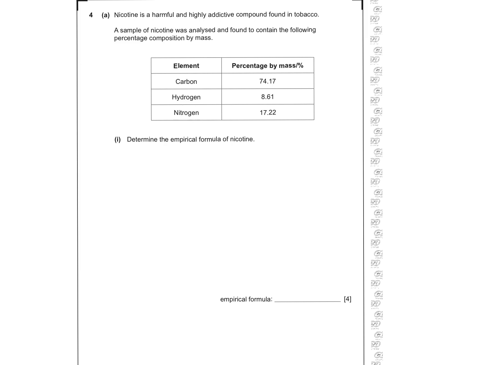Okay, question 4. And we have to determine the empirical formula of nicotine. So I'm just going to draw out a rough table which contains carbon, hydrogen and nitrogen. Now we don't have mass values here, but we've got percentage, and you just treat percentages like masses.